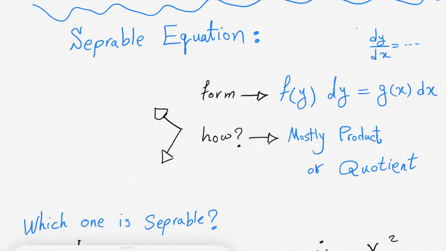In differential equations, we have this form, right? Probably you remember dy over dx is equal to something. If it has a feature, then we call it separable.